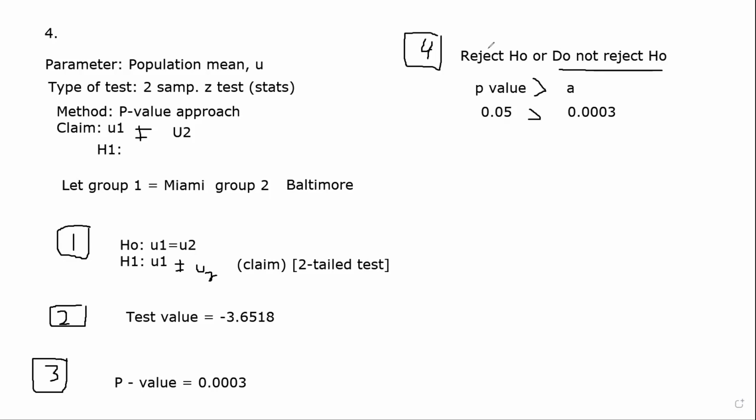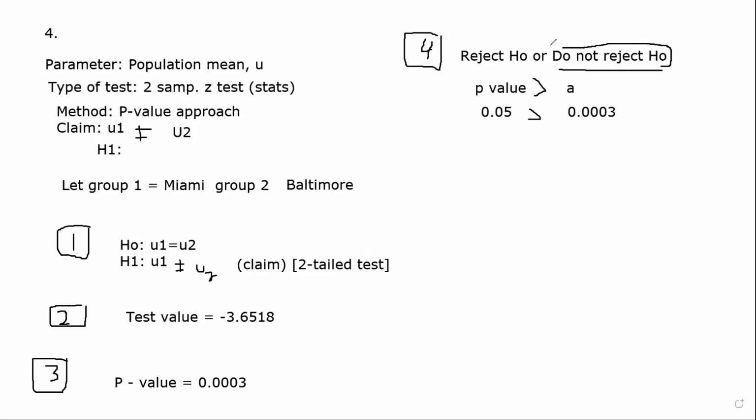Oh, so the sign's correct then? The sign here is correct. The p-value, which is 0.05, is larger than 0.0003. Your p-value is larger than alpha. So we do not reject the null hypothesis.